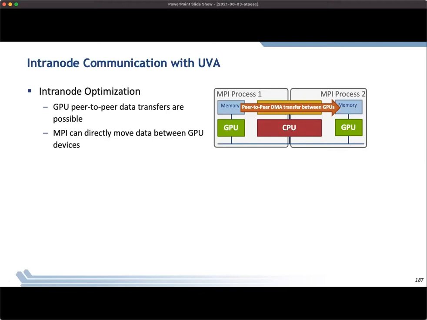So with GPU, what the MPI library can do is move the data from the GPU memory into this shared memory, and then on the other processor just read from the shared memory. Although this involves an extra copy.